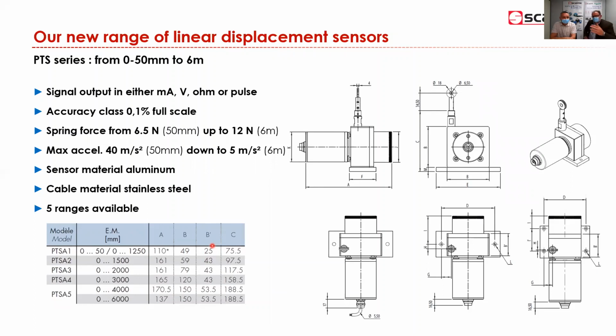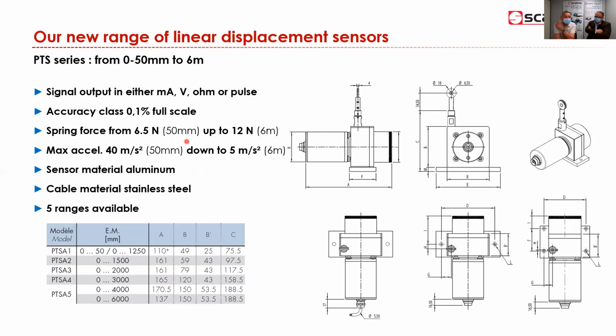What are the main characteristics that we can observe on these sensors? Okay, so it's part of our data sheet. All the information is on our data sheets, no problem. And the data sheets are on the website, of course. Exactly, yes. So we can see the accuracy, we can see the spring force. It's important, as we said just before, to be sure that there is no sag. The strength of the cable is a perfect line.